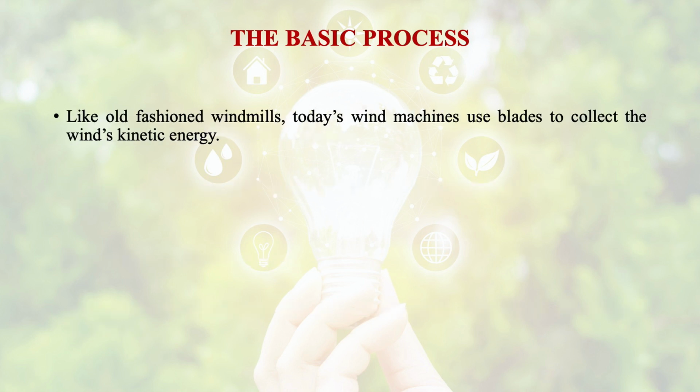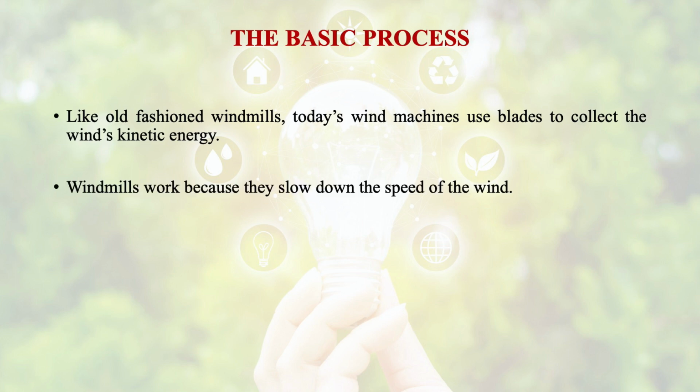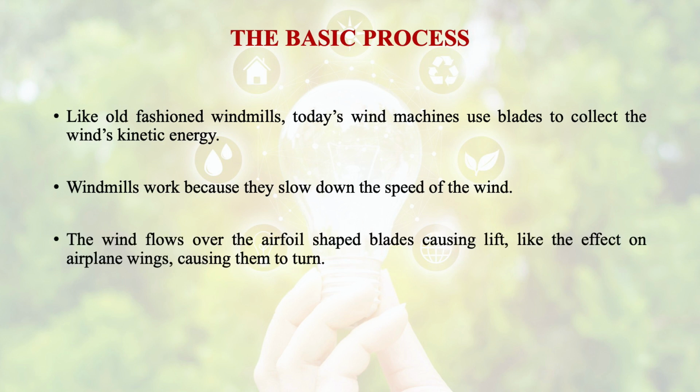Like old-fashioned windmills, the wind machines that are used nowadays use blades to collect the wind's kinetic energy, and the windmills work because they slow down the speed of the wind. The wind flows over the airfoil-shaped blades, causing lift like the effect on airplane wings, causing them to turn.